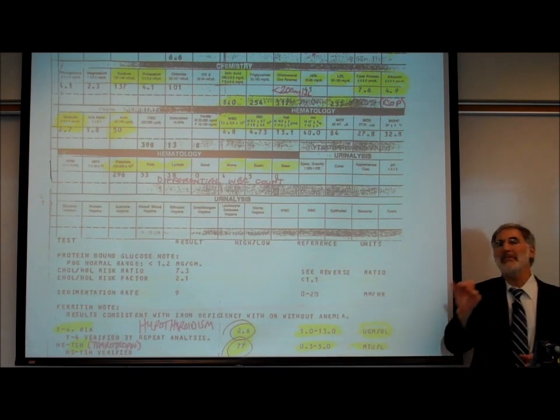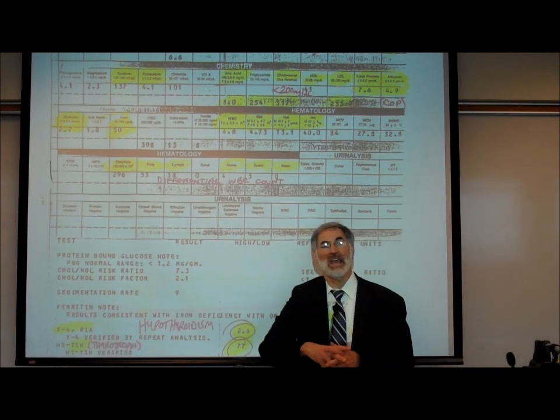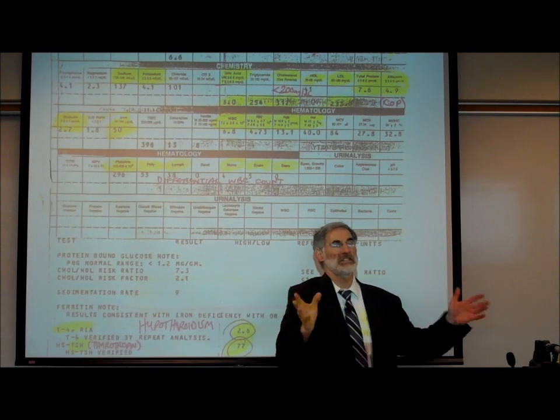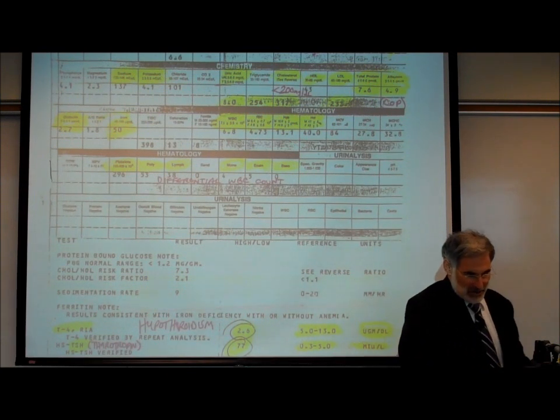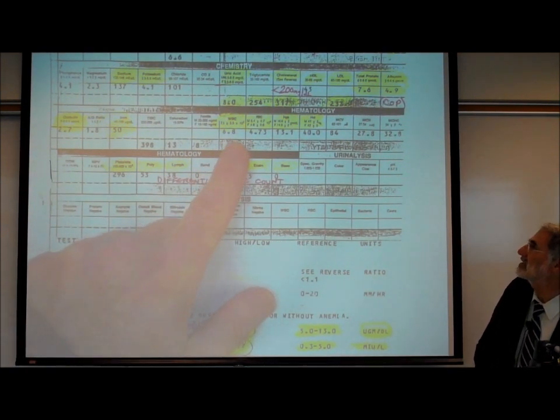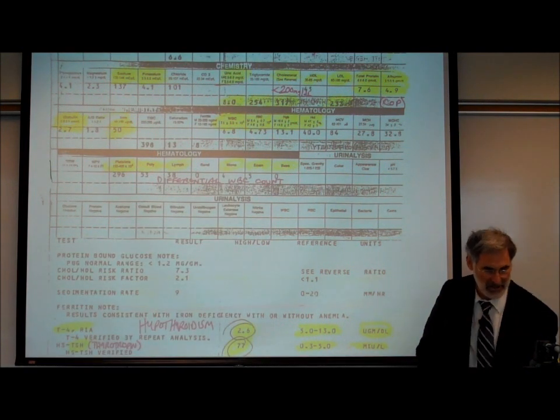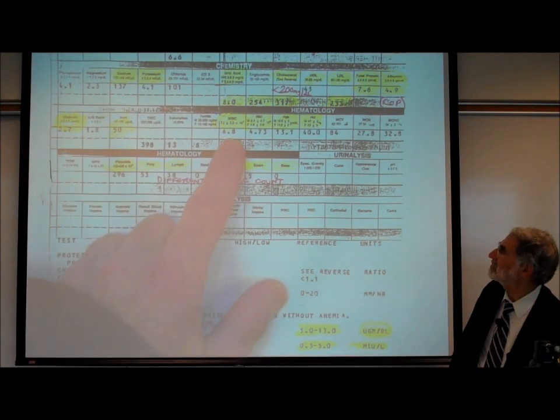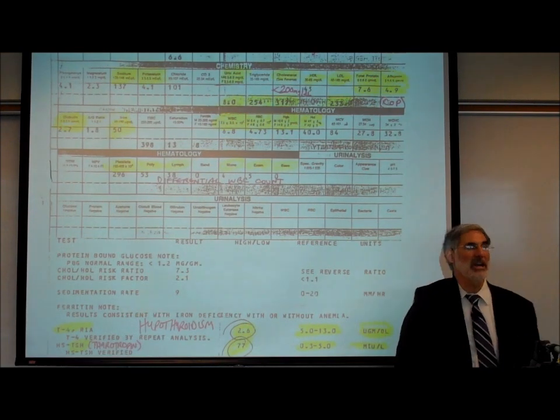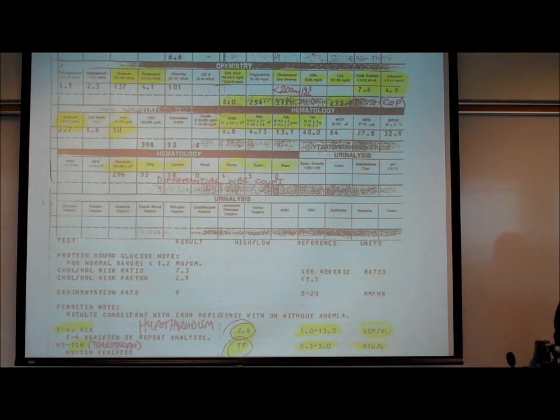We asked you to memorize that a normal white blood cell count is approximately 7 times 10 to the third. Hers is 6.8 times 10 to the third. That's within a normal range. We know what it means if she had either higher or lower than normal. If it's lower than normal, maybe she's undergoing chemotherapy. If it's higher than normal, maybe she has an infection.